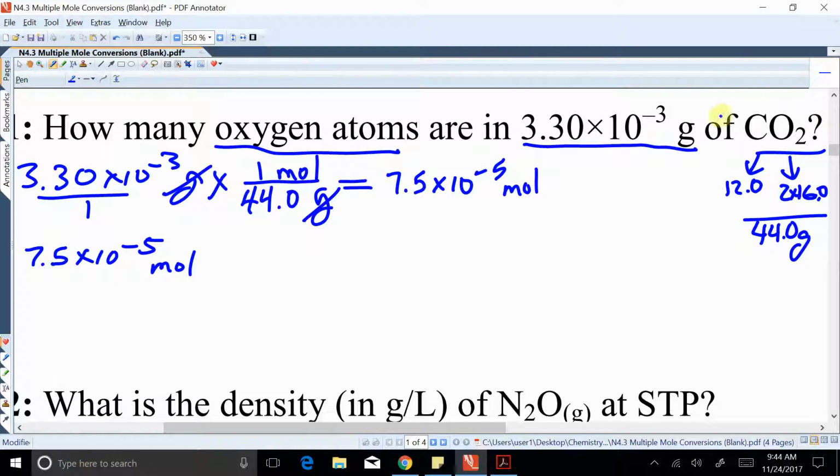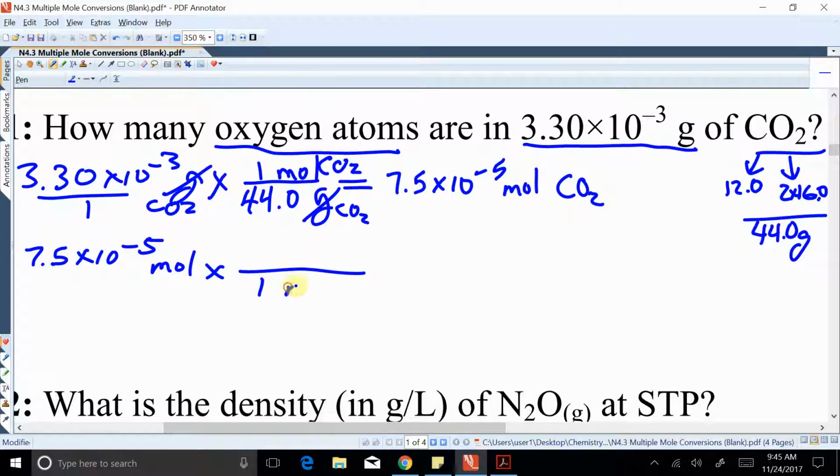Now, since we're talking about carbon dioxide, this was moles of carbon dioxide because this was the molar mass of carbon dioxide. And we had started off with grams of carbon dioxide. We are going to be converting to the number of molecules of carbon dioxide first.